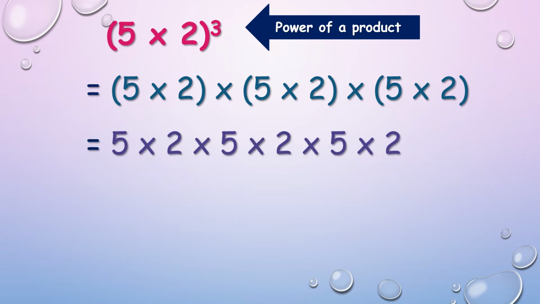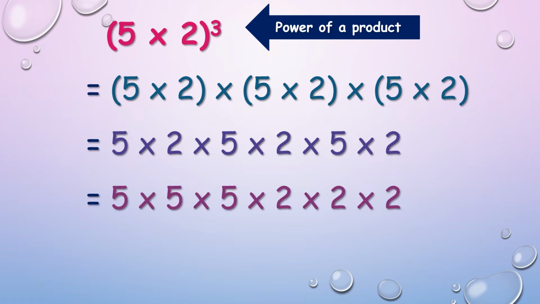Then you can remove the brackets. Removing the brackets, you can get the third line, the answer. Then take 3 5's near and 3 2's near.